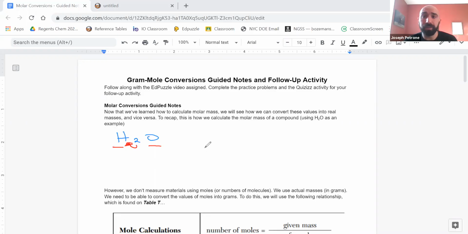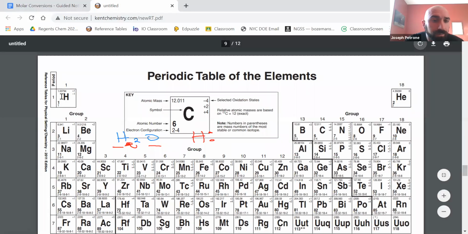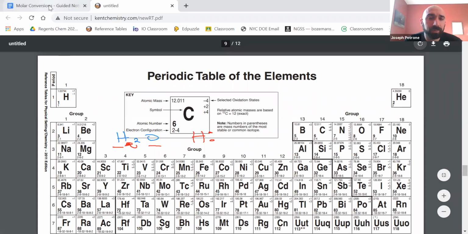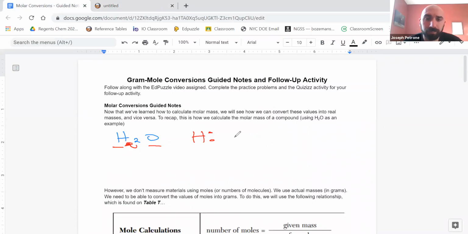To determine the molar mass, we have to look at the atomic mass of each and then multiply them by their subscripts. So H, hydrogen, has the atomic mass of 1.00794. I'm sorry, this is going to keep going back and forth because the ink stays no matter what tab I'm on. So 1.00794 atomic mass units.